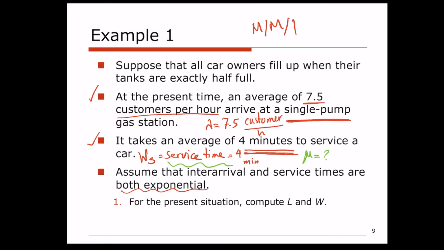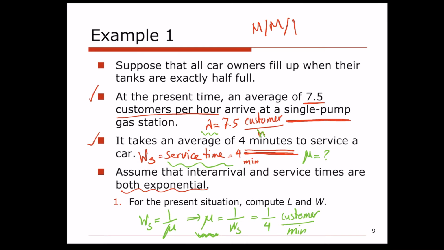So how do we calculate the service rate? If you remember from the formulations that we developed previously, we had WS equals 1 over mu. So mu is going to be equal to 1 over WS, which equals 1 over 4 customers per minute. I want the rates of mu and lambda to have the same unit. If lambda is the number of customers per hour, I want the same unit for mu as well.